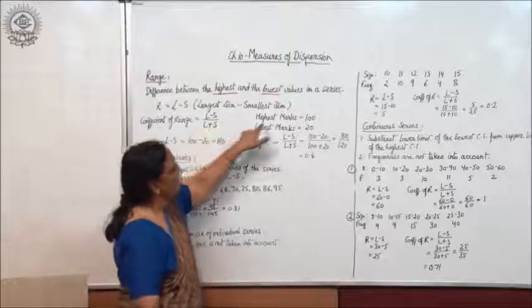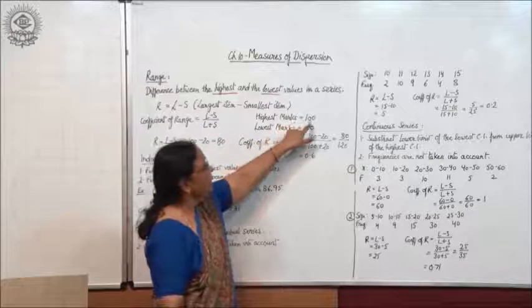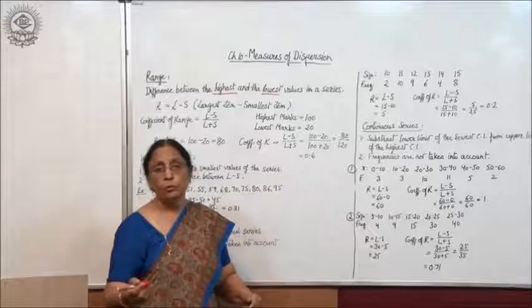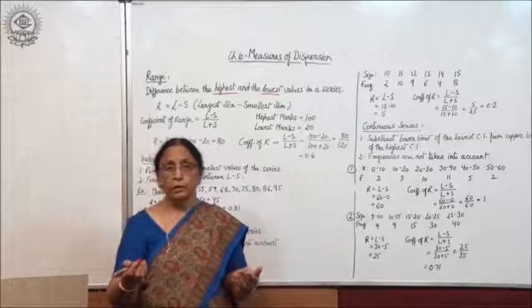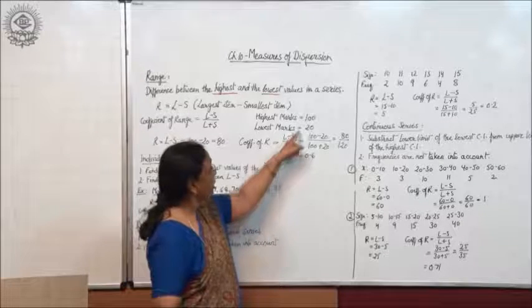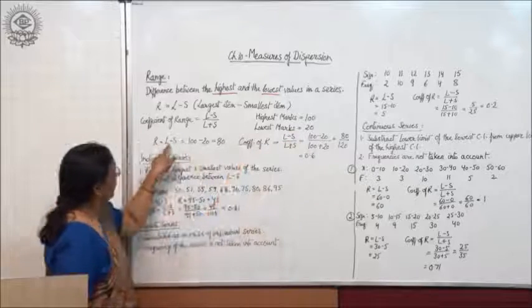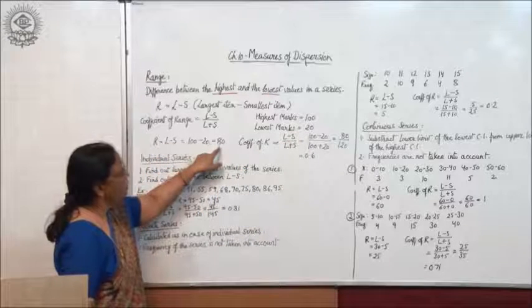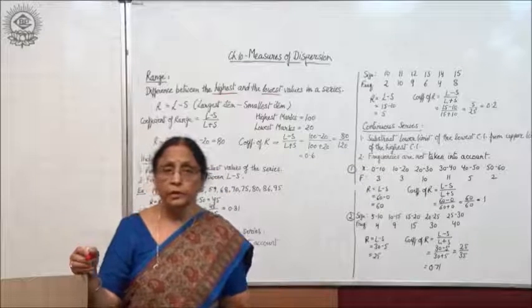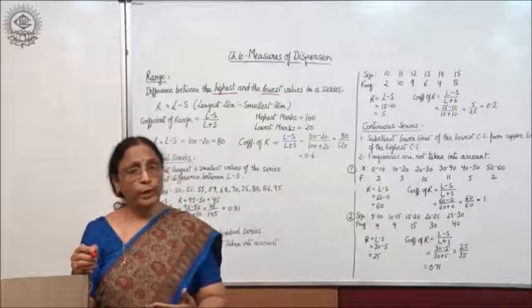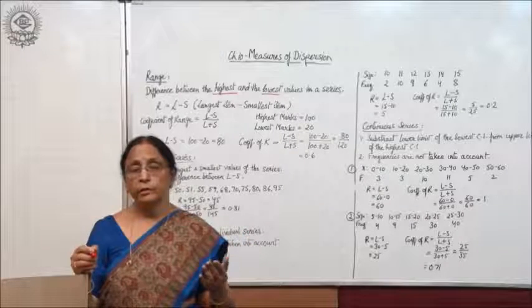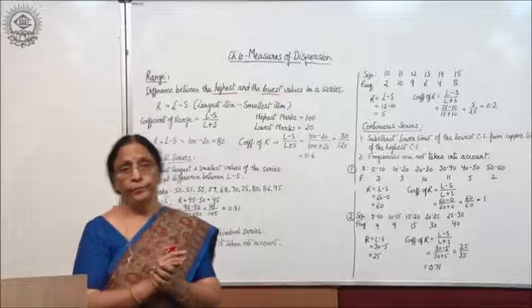Now, for example, suppose highest marks in a class are 100 and lowest marks are 20. So, what will be the range? That is L minus S, or 100 minus 20, that is 80. So, you can say that in a class the highest marks are 100, lowest are 20, so marks are ranging between 20 to 100 and the range is 80, right.